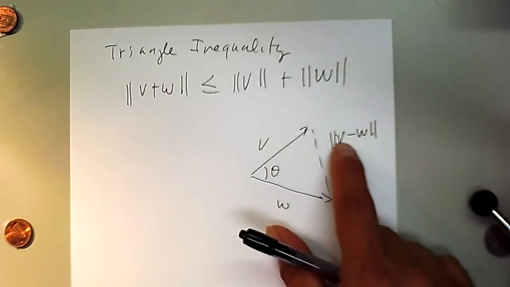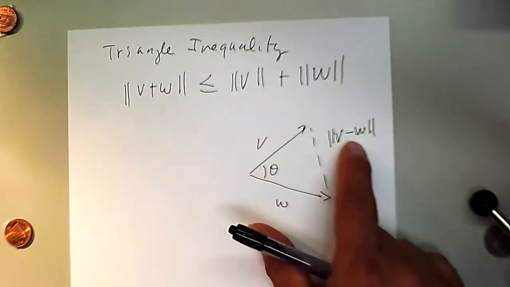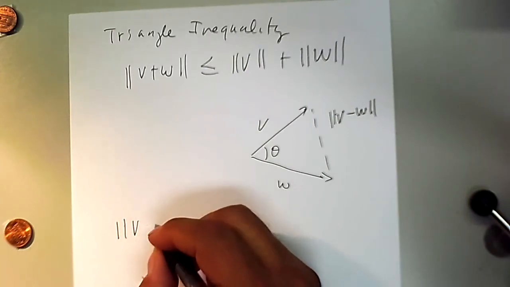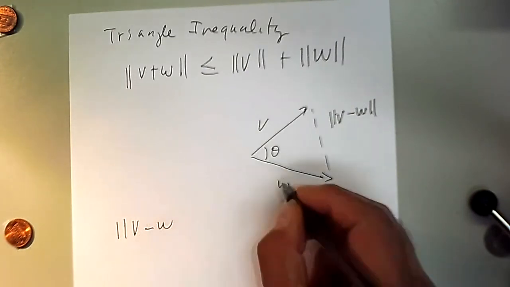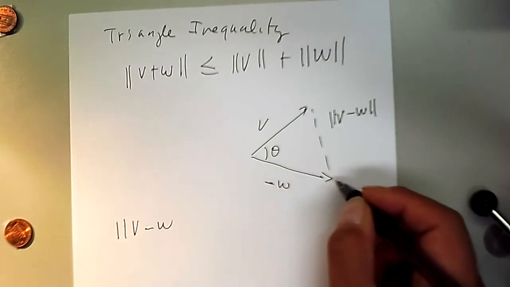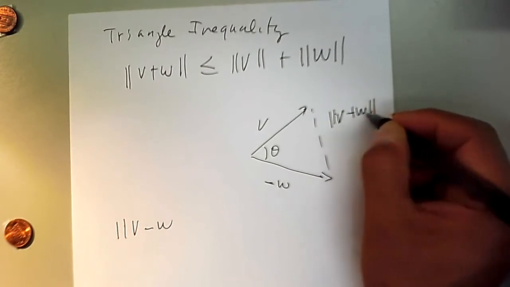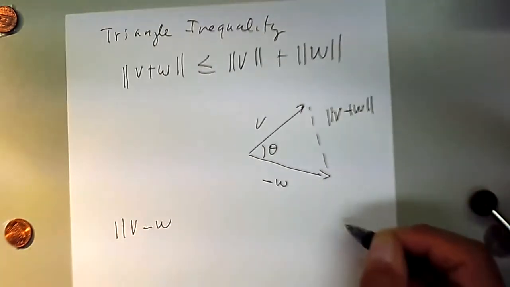How can I justify this if we have that? Well, simply the magnitude of V minus, label this as negative W, and then this will become negative of the negative, and then you'll have it.